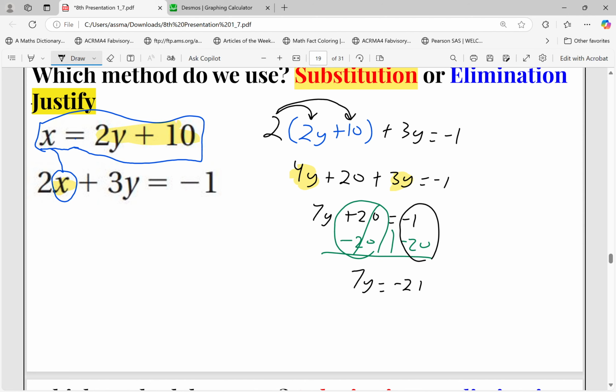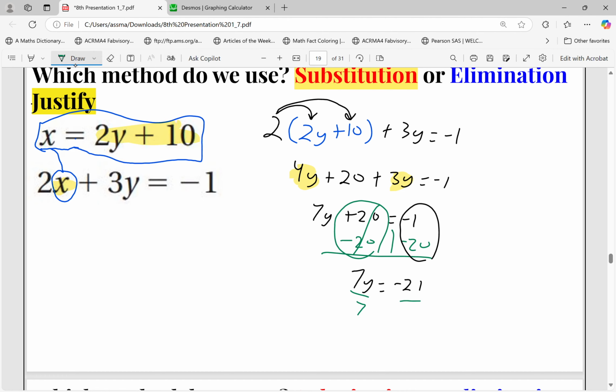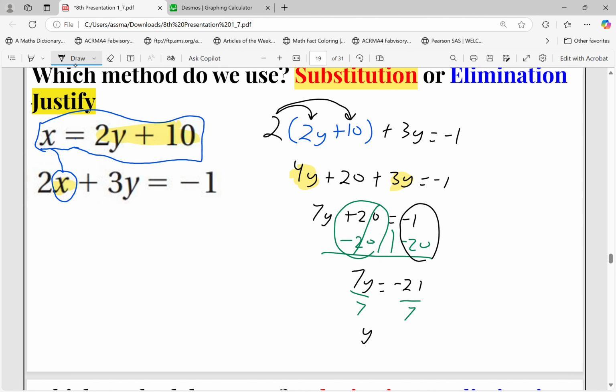The next step is to divide by 7 on both sides, and I get y is equal to negative 3. So notice I get a value for the y variable right there. Keep in mind that your solutions need to be in ordered pair form, where the x comes first, then the y. We got negative 3 as our y value.